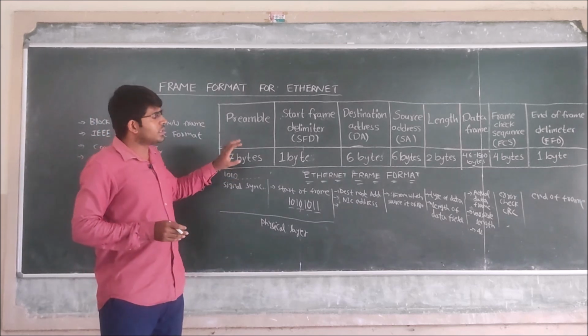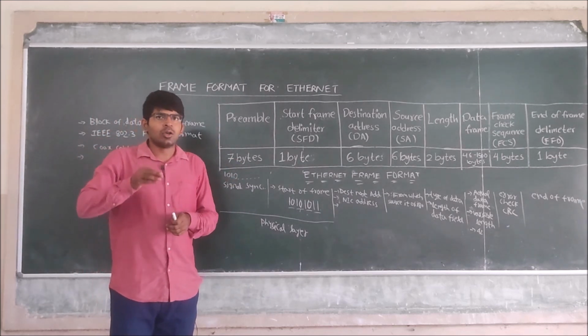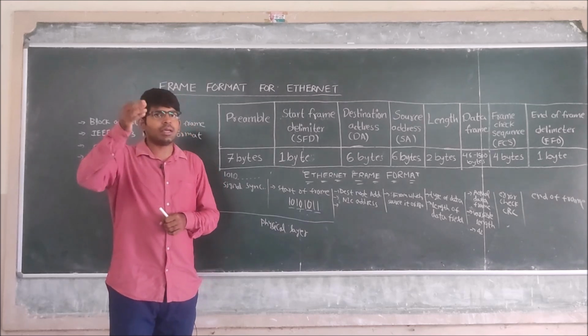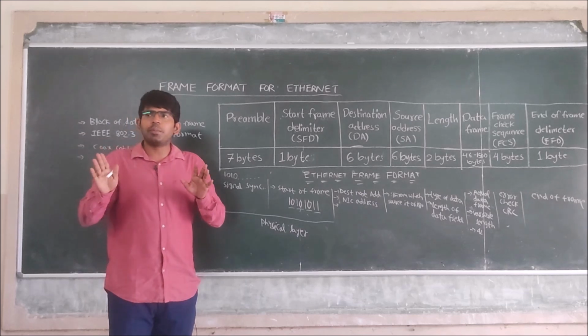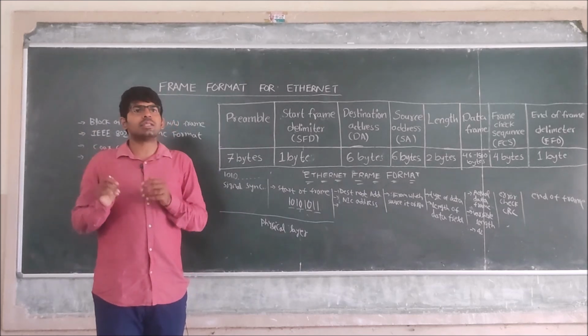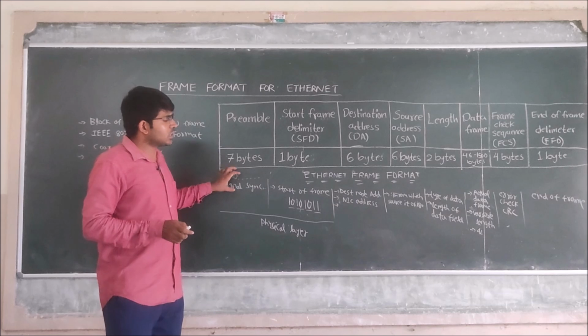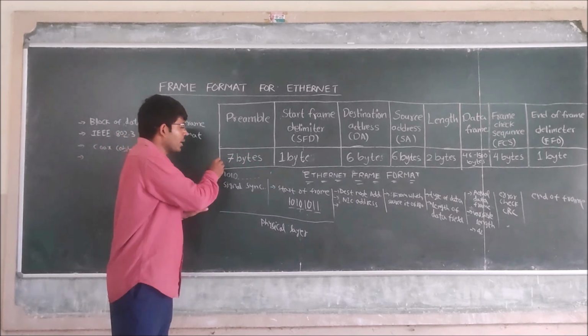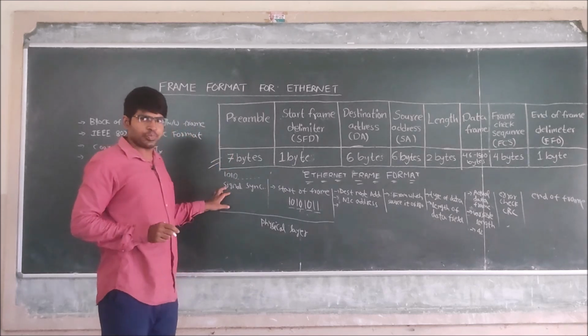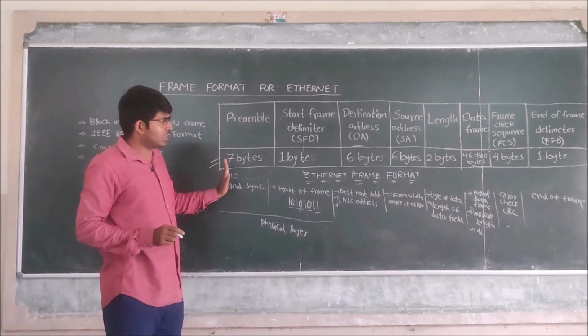This indicates that the source is sending a signal to the receiver: information is coming, be in synchronization. For synchronization between the source station and the destination station, the preamble is very important.